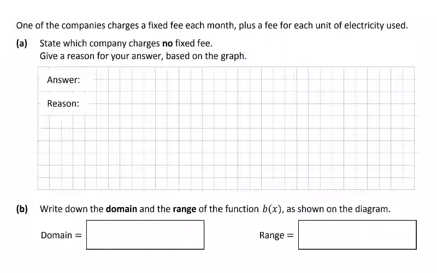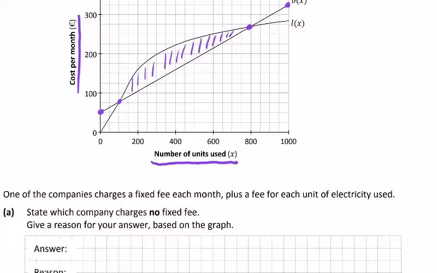So one of the companies charges a fixed fee plus a fee for each unit of electricity used. State which company charges no fixed fee and give a reason for your answer based on your graph. So no fixed fee. Well, it has to start at 0, doesn't it, for no fixed fee? And then there's 4 increments up to 100. This looks like 50. So that's a €50 standing charge. You all know that at this point. So which one is this guy?